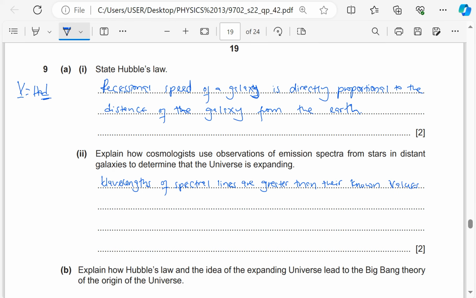So if the wavelength of the spectral lines in light from distant galaxies are greater than their known values in the laboratory, then astronomers would say that this redshift shows that distant galaxies are moving away from the Earth.